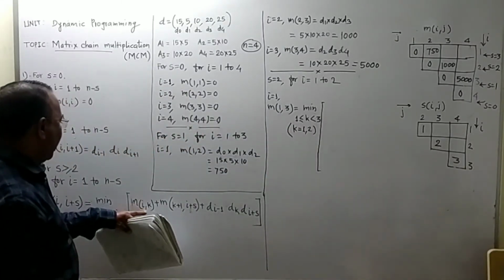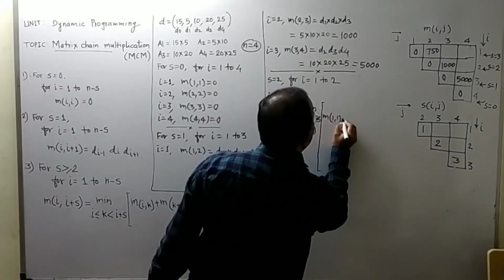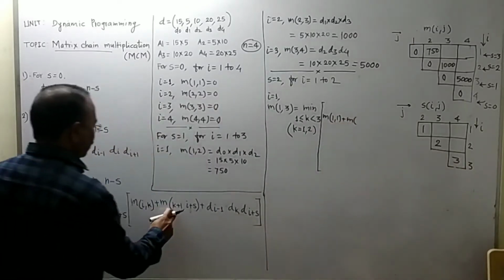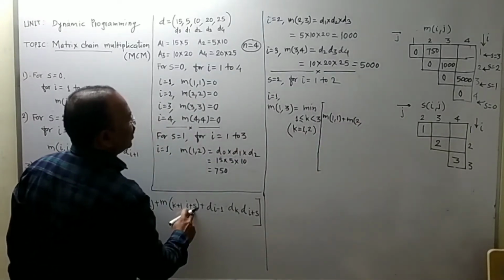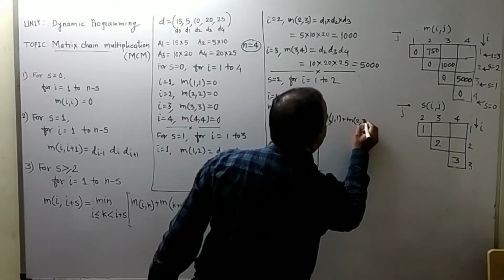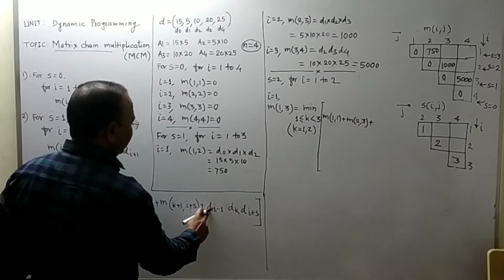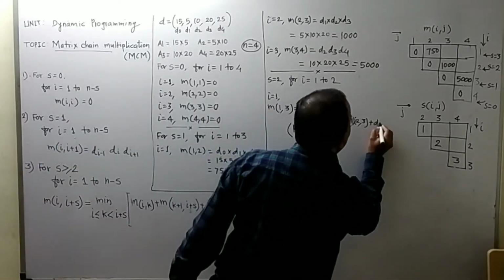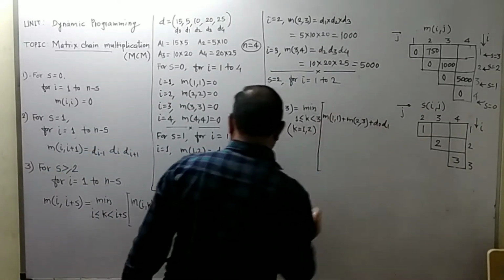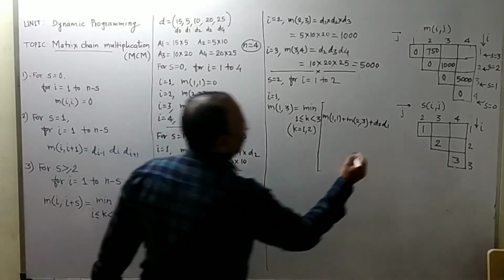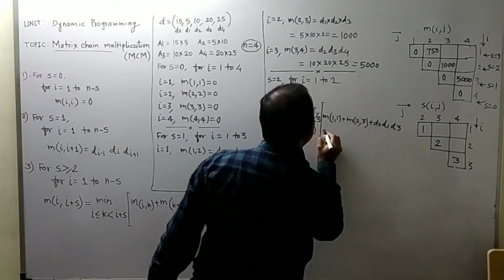So M of I comma K, M of 1 comma 1, plus M of K plus 1, that is 1 plus 1, 2, comma I plus S which is given, that is 3, plus d of I minus 1, means d1 minus 1, that is 0, d of K, that is 1, d1, then d of I plus S, means d of I plus S is 3. Put the values.